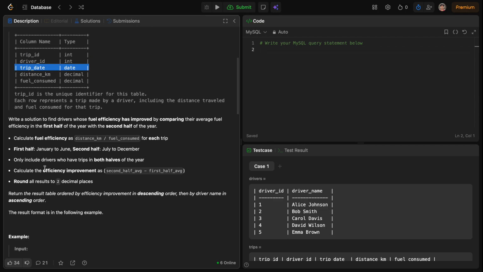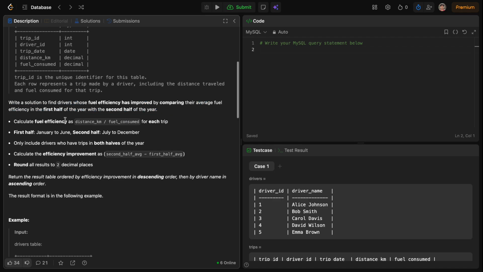The question has some conditions to find drivers whose fuel efficiency has improved by comparing their average fuel efficiency in the first half of the year with the second half of the year. Calculate fuel efficiency as distance in kilometers divided by fuel consumed for each trip.